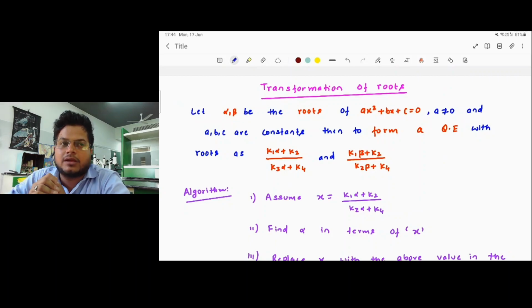Alpha we got. Now, alpha will satisfy which equation? Alpha is a root of which equation? The first equation. Okay. Now, imagine if I say that I have made a clone of you.